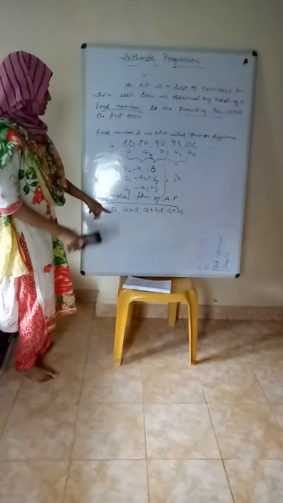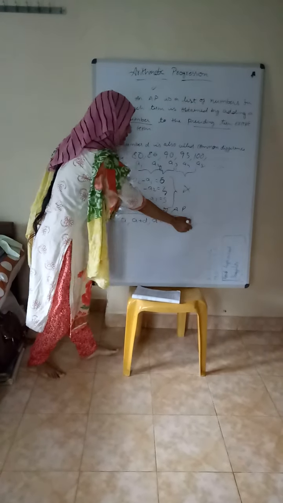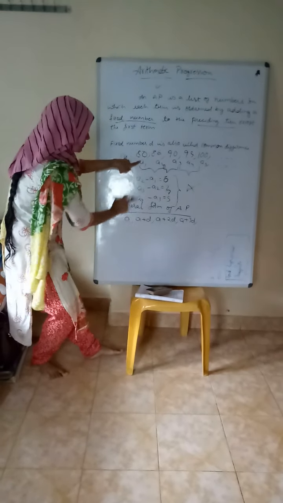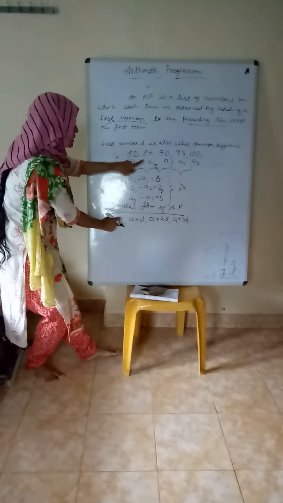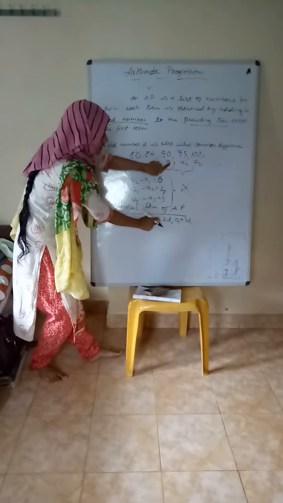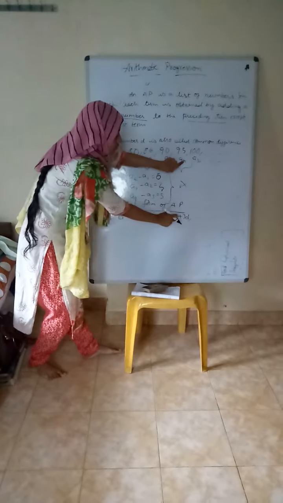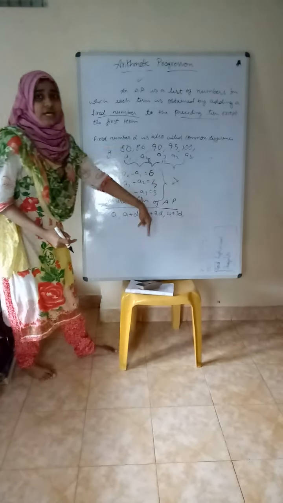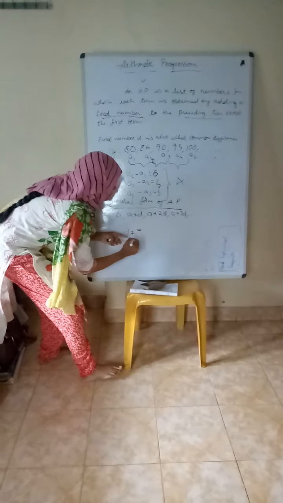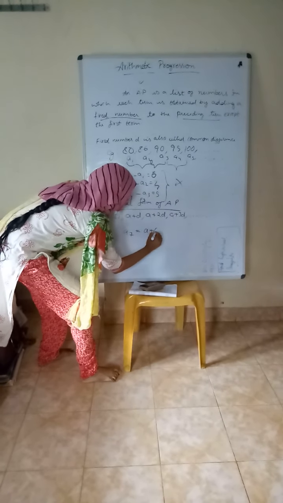So this is the general form of AP. Here, A1 is A. The second term A2 is equal to A plus D. A3 is equal to A plus 2D. A4 is equal to A plus 3D. It goes on like that. If it is A7, what will I write? A7 is A plus 6D.